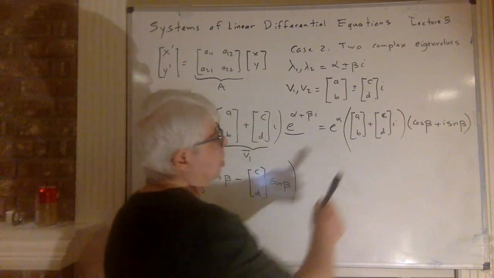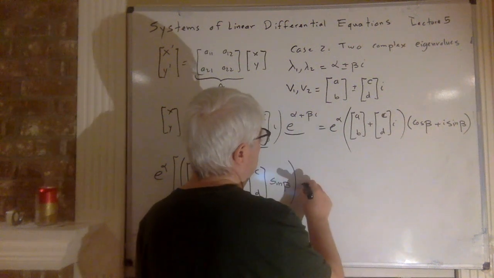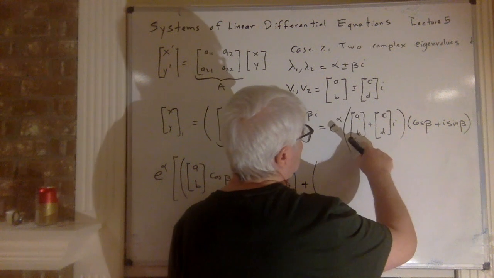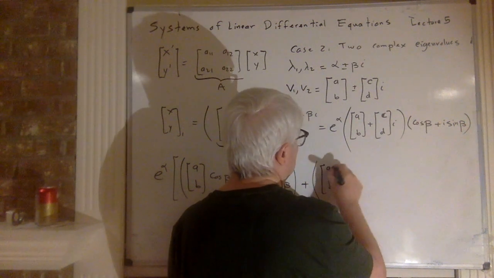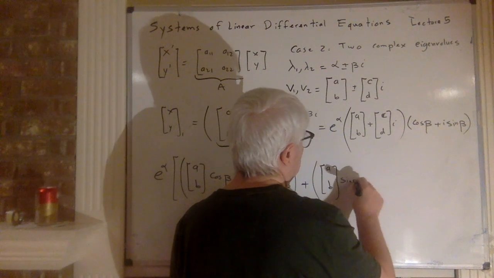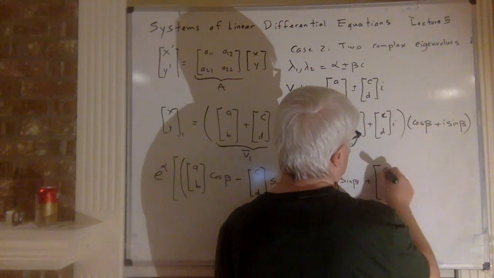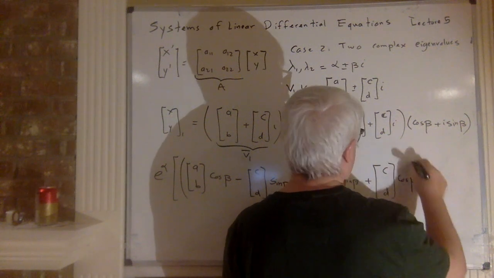The imaginary part is this times this, and this times this, which are imaginary. So plus, it will be A, B, sine beta, and this times this, C, D, cosine beta, i.